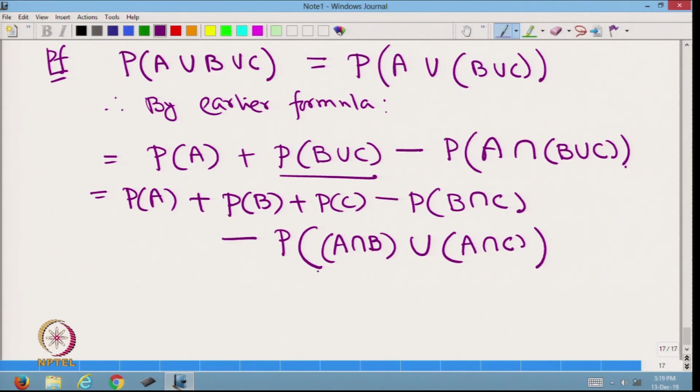Now, note that it is also a union of two events, therefore we can apply the same formula.